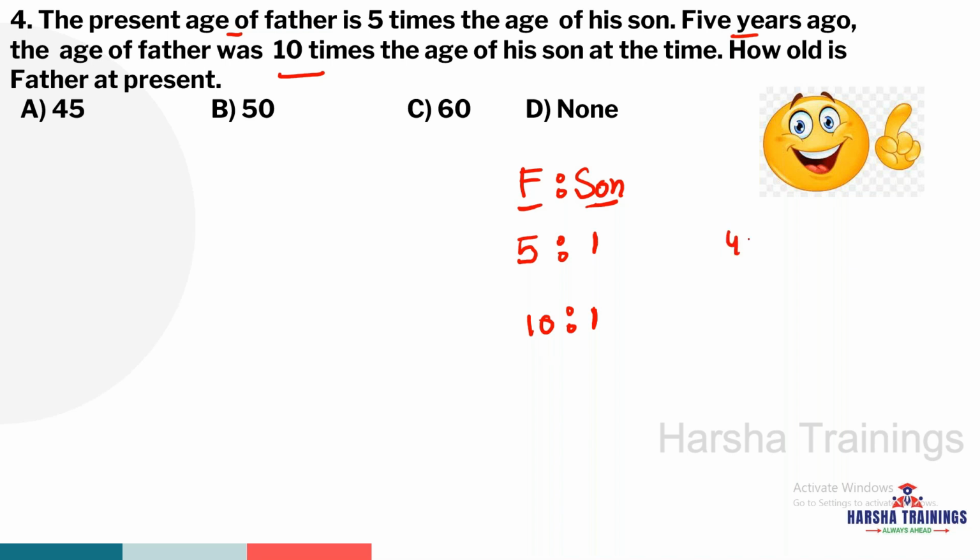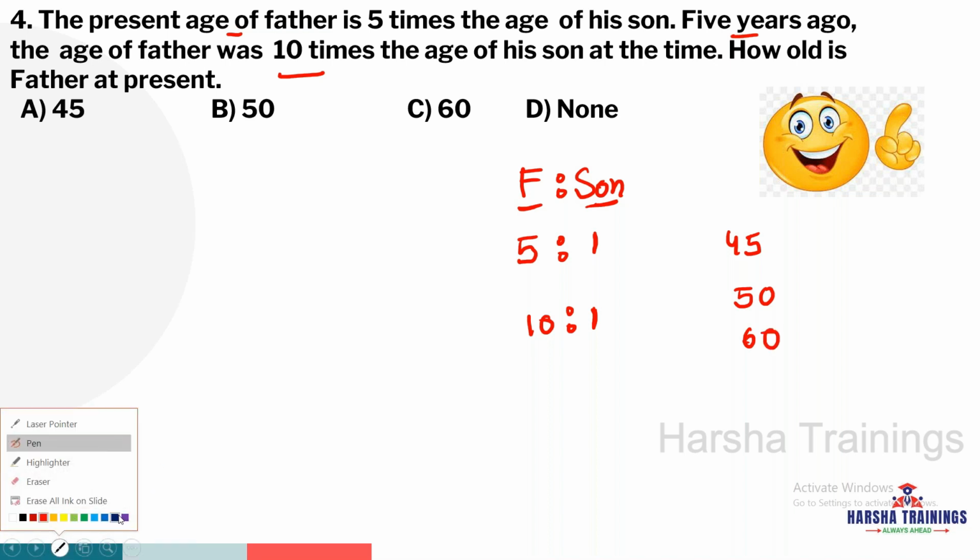So the first option is 45, second option is 50, third option is 60. Go through option verification, guys. Find the present age of father. Present father is how many times? 5 times. 5 years ago, father is how many times? 10 times.